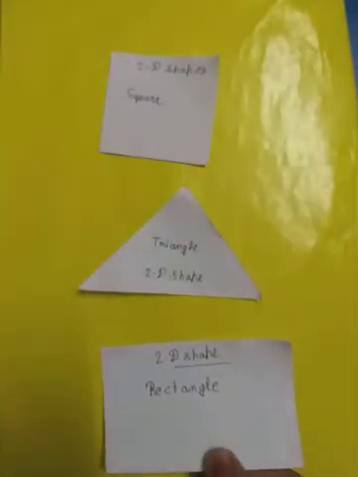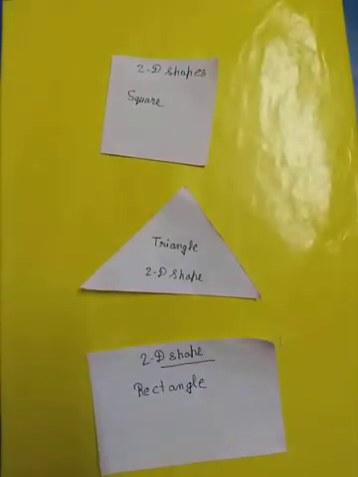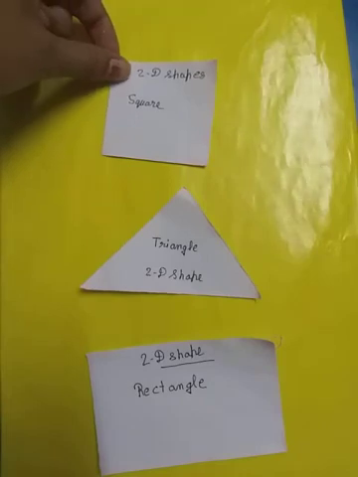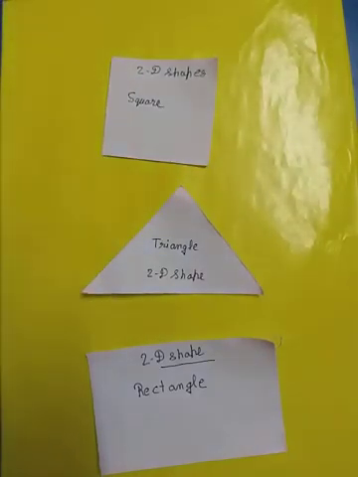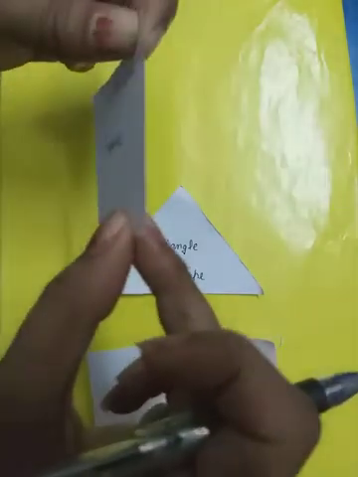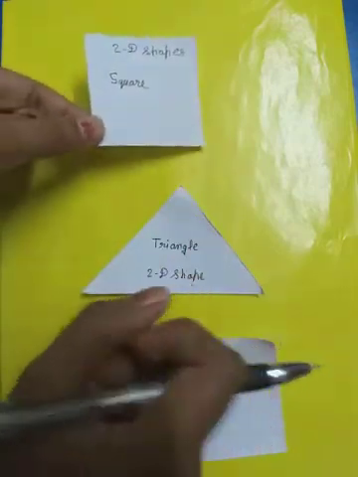So these are 2D shapes. In these shapes we have only length and breadth. We don't have any width, that means thickness, in these shapes. So we call these 2D shapes.